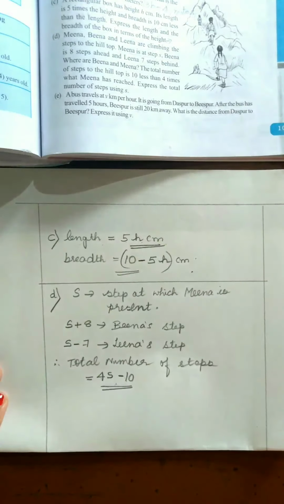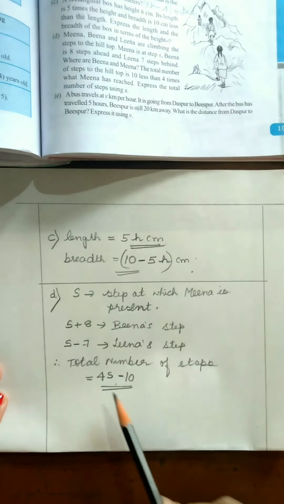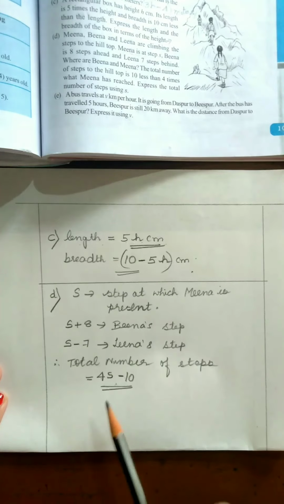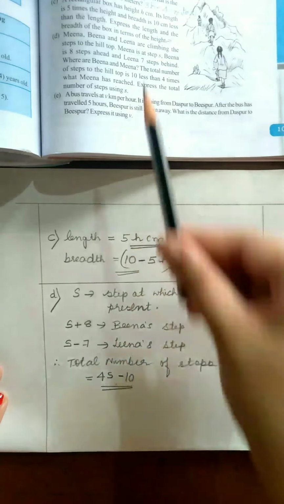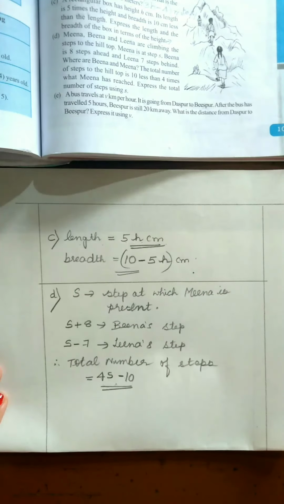So, let s be the step in which Meena is present. Therefore, the answer for expressing the total number of steps using the s variable is 4s minus 10, the answer for D problem, children.